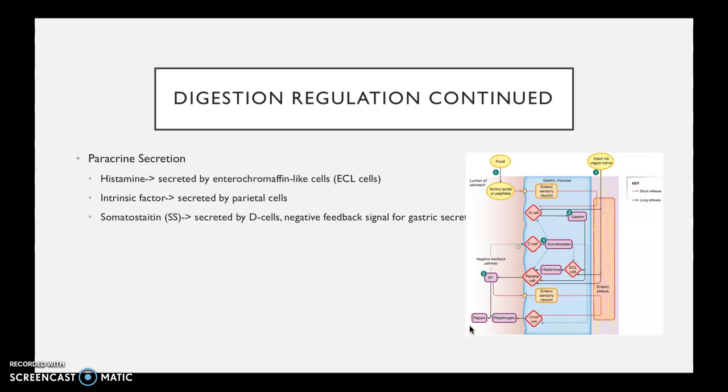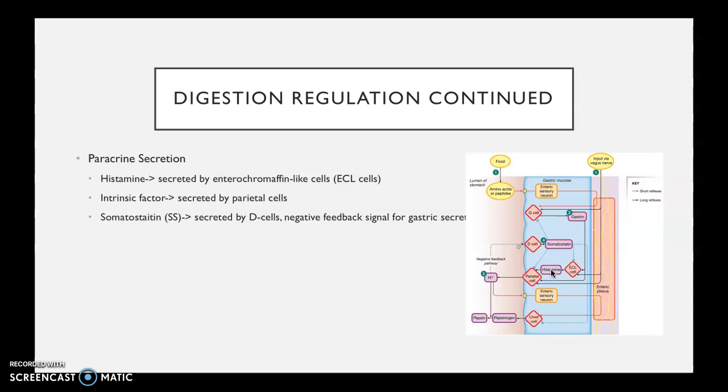Continuing, we'll go over the paracrine secretions. First is histamine. Again, this picture from Silverthorne really goes over all of these. As you can see, histamine is present here and how it plays into it. It is secreted by the ECL cells, and they act on the parietal cells, which secrete acid.